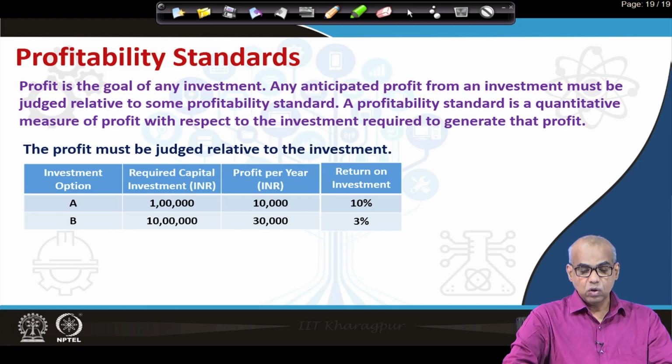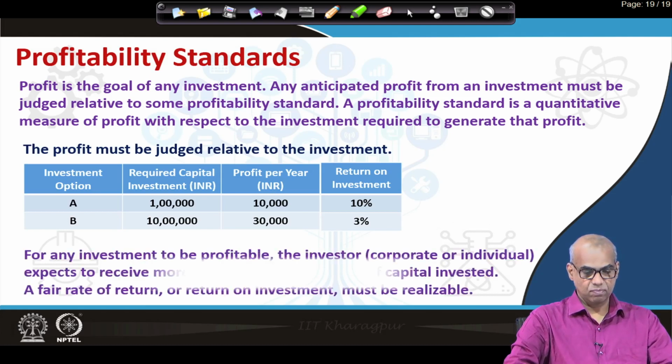Note that we are getting 10,000 rupees per year on an investment of 1 lakh rupees for option A, which gives a return on investment of 10%, while a profit of 30,000 rupees per year on an investment of 10 lakh rupees for option B gives only 3% return on investment. So, the profit must be judged relative to the investment.